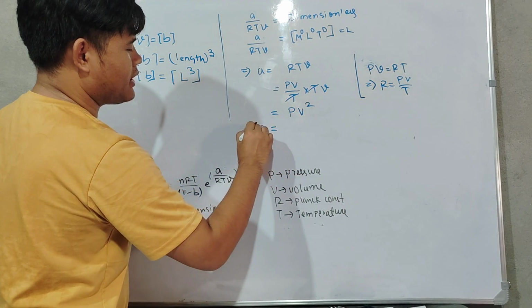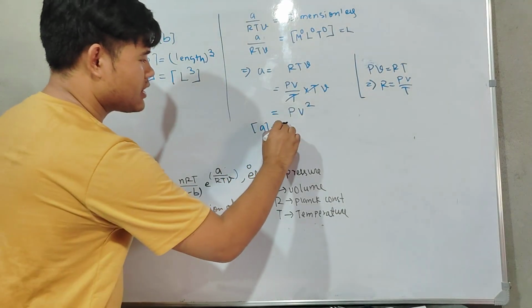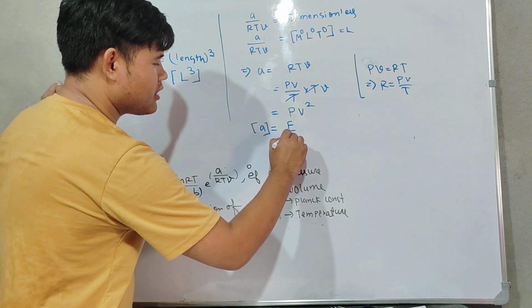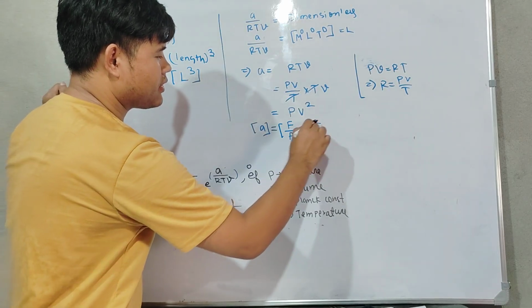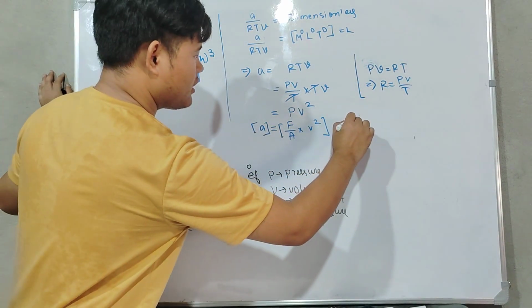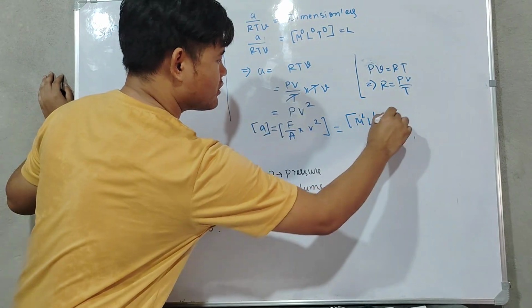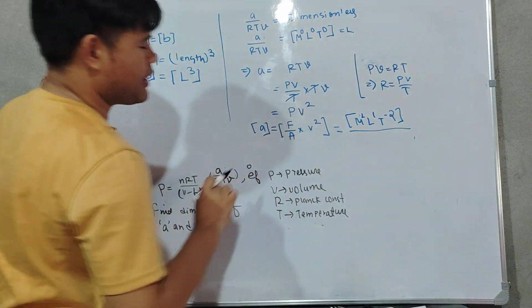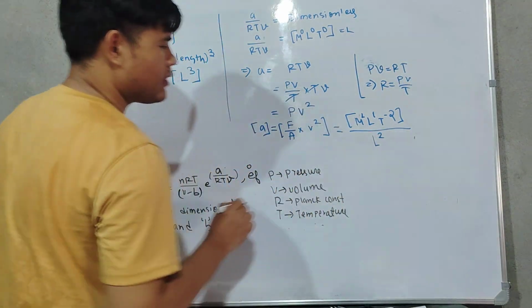Now we will bring in the dimensions. Pressure is force per unit area. The dimension of force is M1 L1 T to the power minus 2. Area is length square.